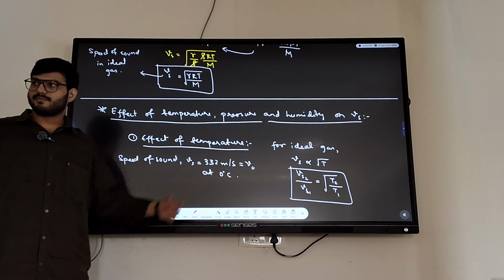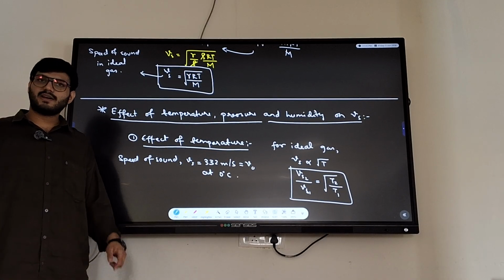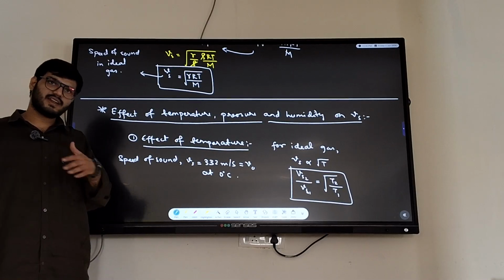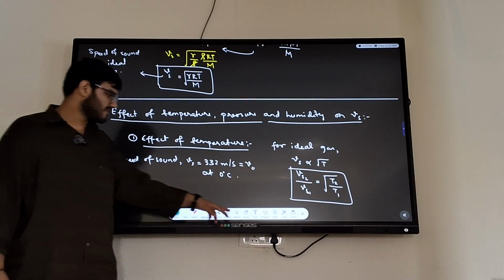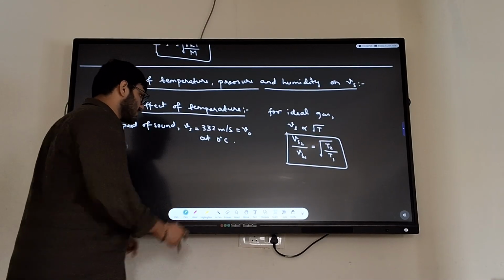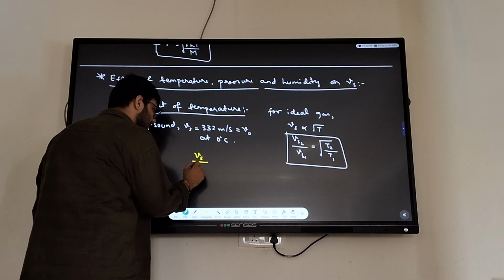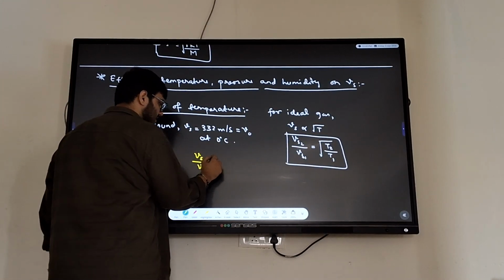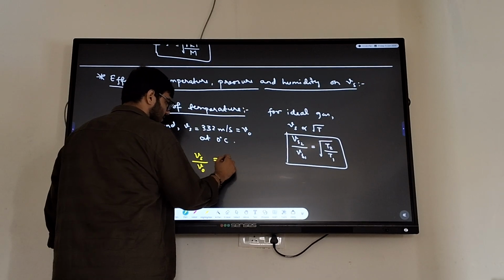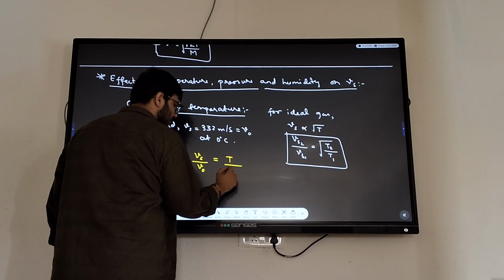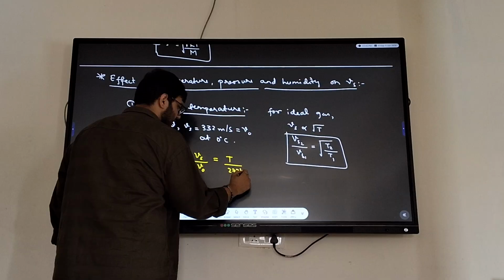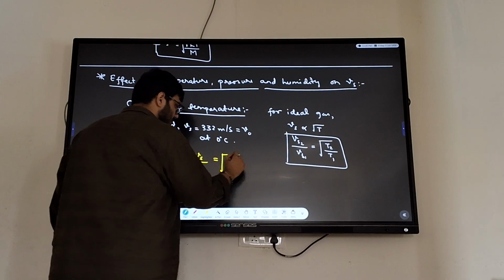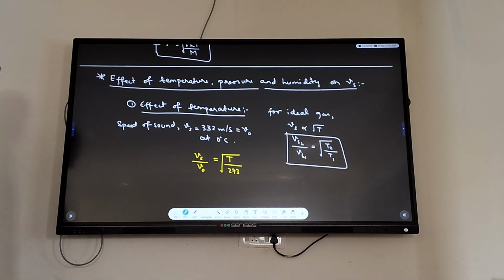Let's say I have given you this experimentally found result. You know this value, okay? Then can you find the velocity at any temperature? You can find it, right? You can compare. You can do it like this: the velocity of sound divided by velocity of sound at 0 degree Celsius. That's T divided by 0 degree Celsius, that's 273 Kelvin, right? Is it okay?